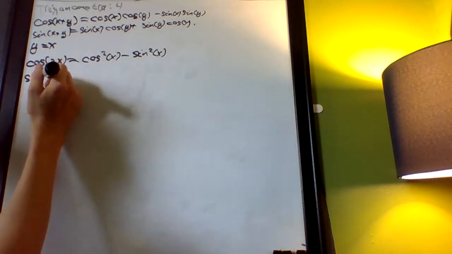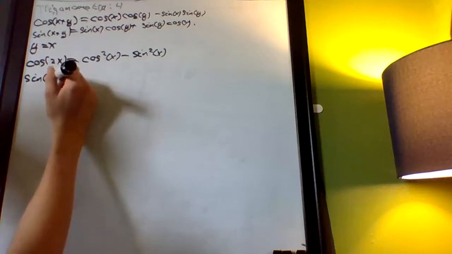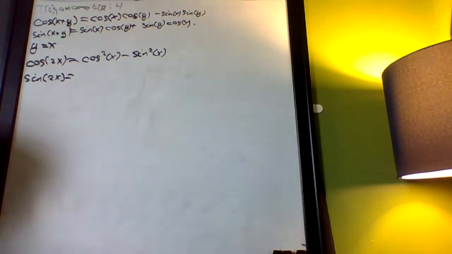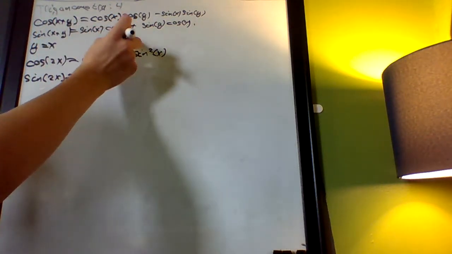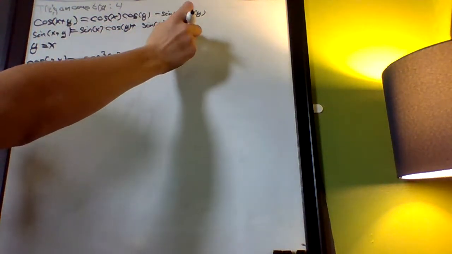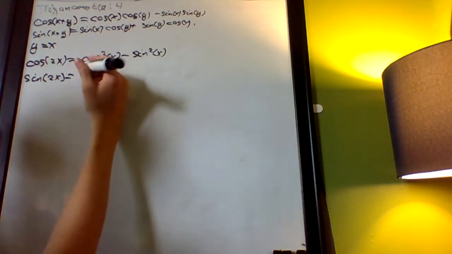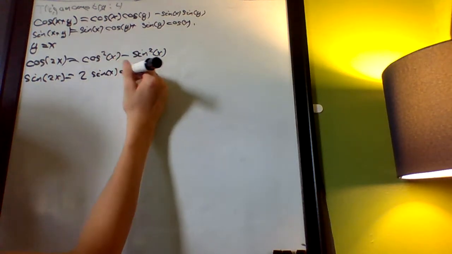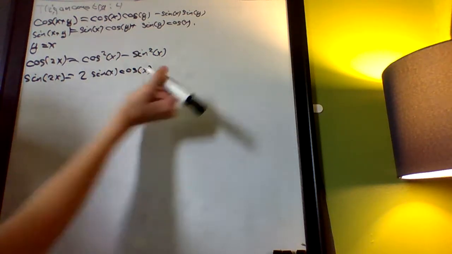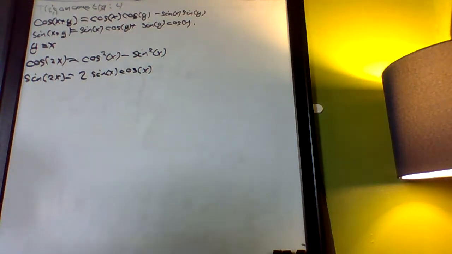Now, plug in y equals x into the sine equation, so we get sine of 2x is the same thing as sine of x cosine x plus sine of x times cosine of x, right? So you get 2 times sine of x cosine x. And there you go.